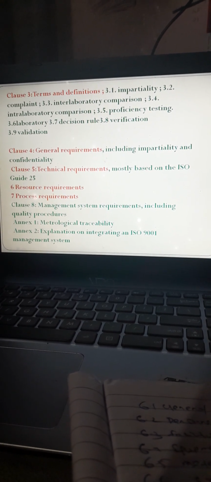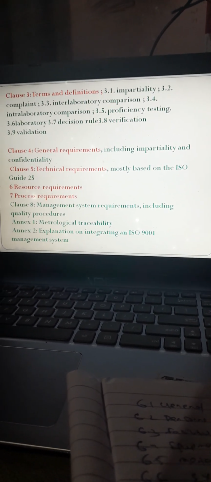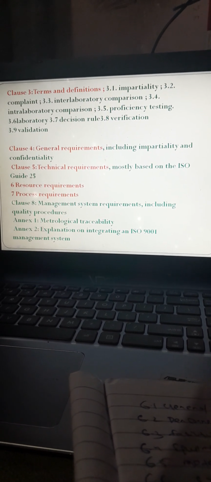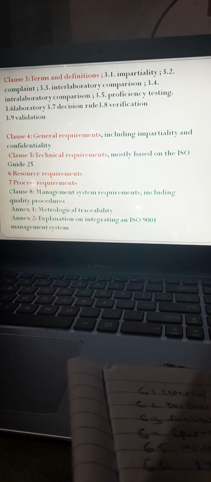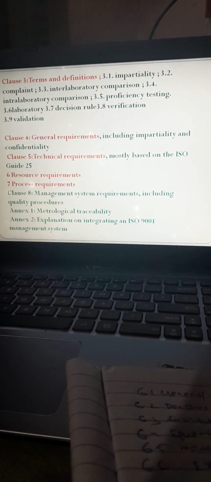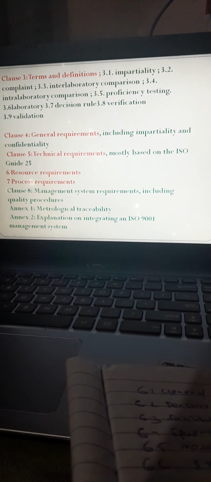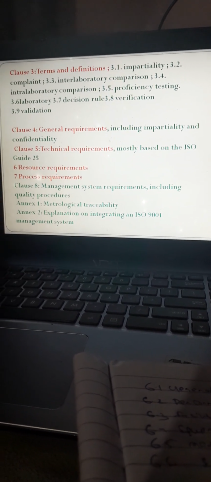Then clause 4 is general requirements, which include impartiality and confidentiality. Clause 5 is structural requirements. It is mostly based on the ISO Guide 25. Clause 6 is resource requirements, which has 6 subclauses: 6.1 general, 6.2 personnel, 6.3 facilities and environmental conditions, 6.4 equipment, 6.5 metrological traceability, and 6.6 externally provided products and services.